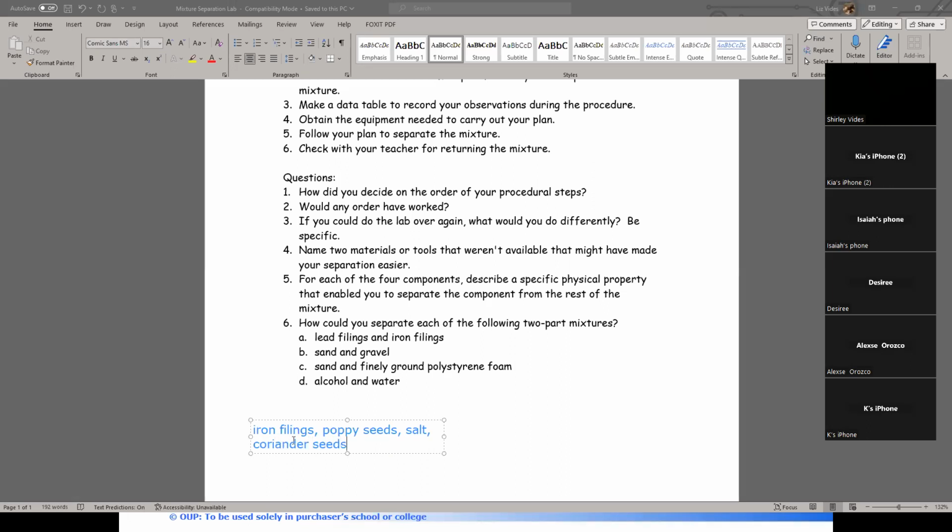That's 1, 2, 3, 4. There's usually 5 things. Let's just do 4. Oh, let's say we have some copper pieces. There we go. All right, so that's what we have.